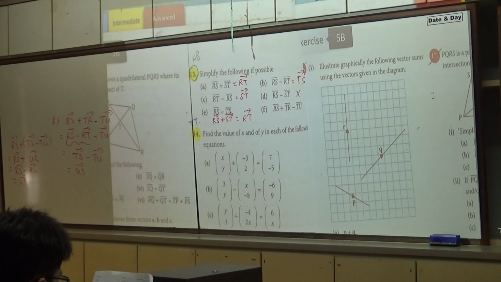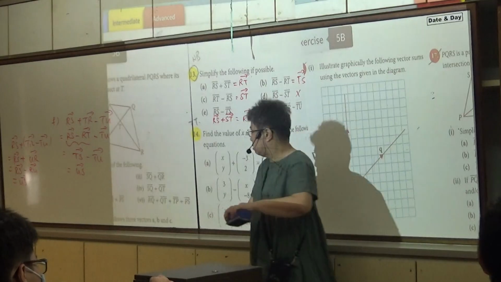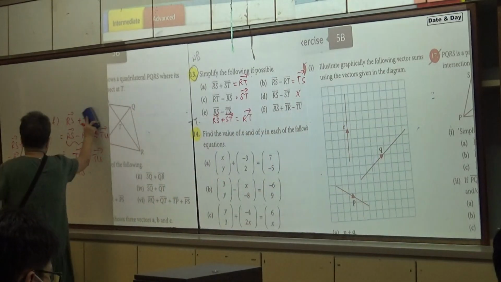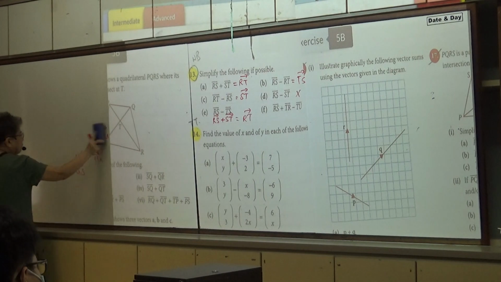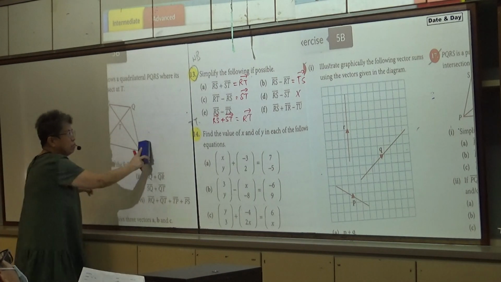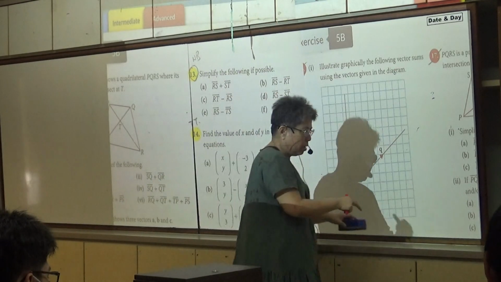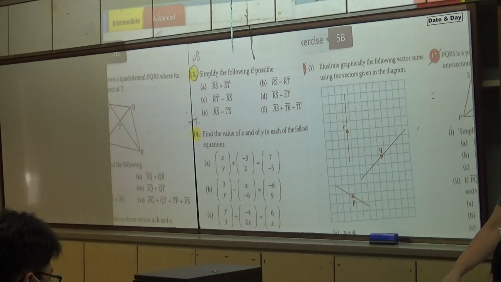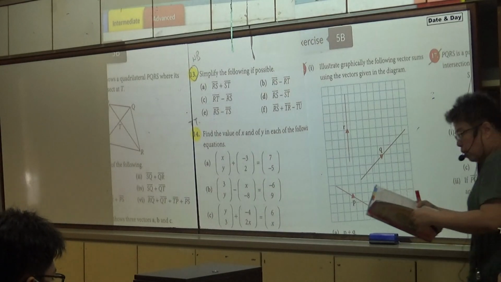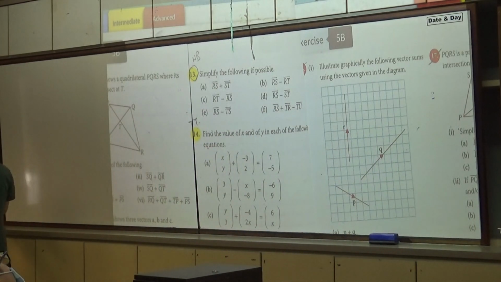Okay, now can you please first of all write your name, your class on the grid paper first. Some people don't even write anything much. And then can you please write down the title: vector addition, vector subtraction. Okay, I'm going to do these questions as homework, but I'm going to do it on the board together with you.